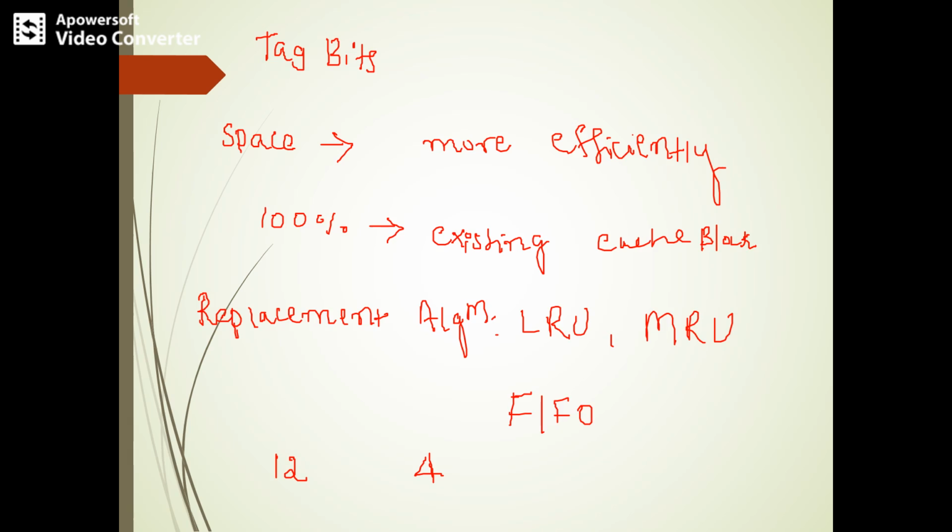This kind of search is called associative search. We have to search all 128 tags of the cache blocks to check which particular block of main memory is mapped into which particular block of the cache. This search is called associative search.